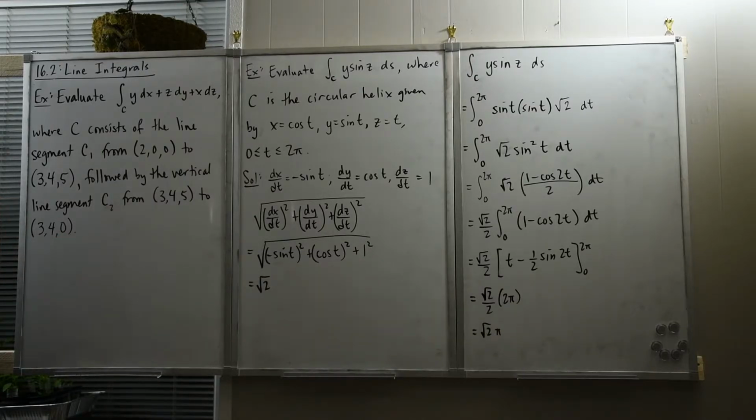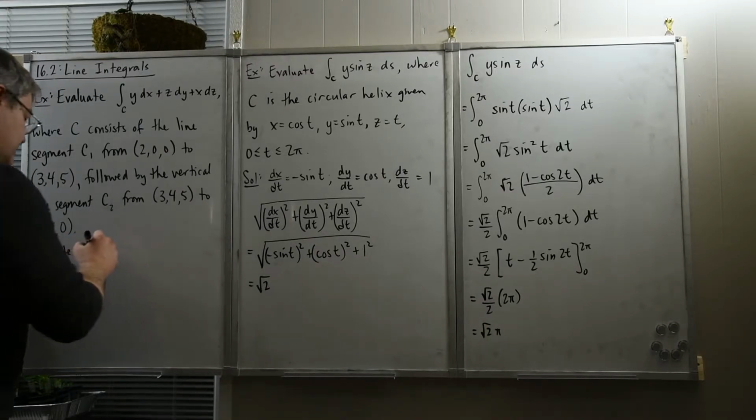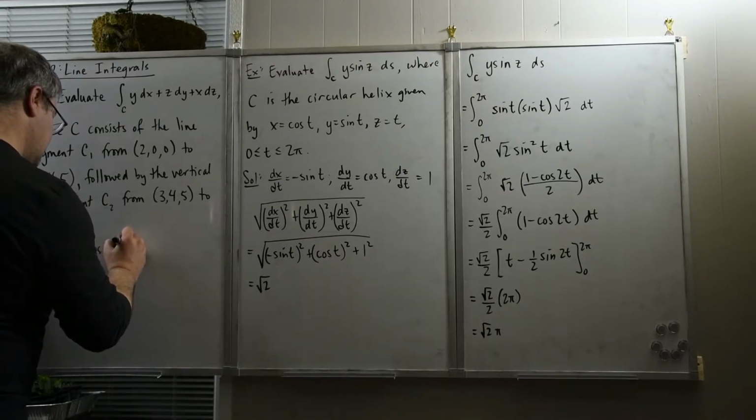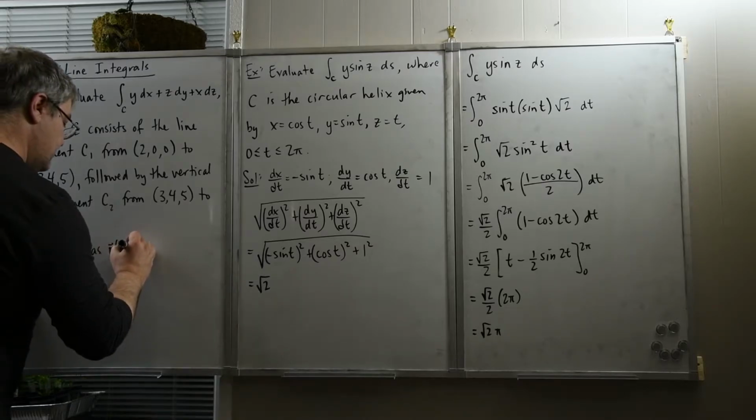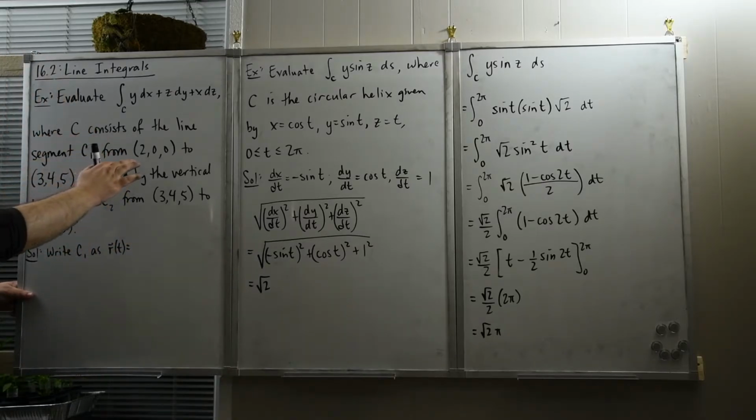All right, so we're going to figure out what this line integral is. Once again, you've got two different parts to this: you've got the C1 and you've got the C2. So we're going to think about C1 first. Let's keep in mind that we can write C1 as R of t equals, well, remember, C1 is going from the point 2, 0, 0 to 3, 4, 5.